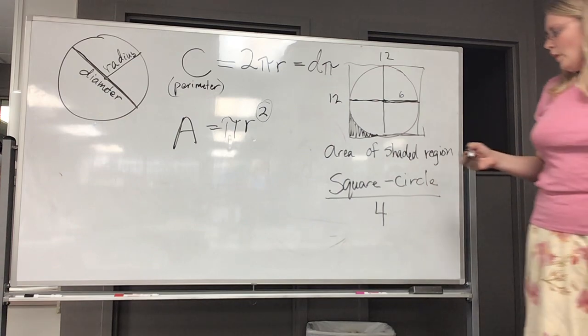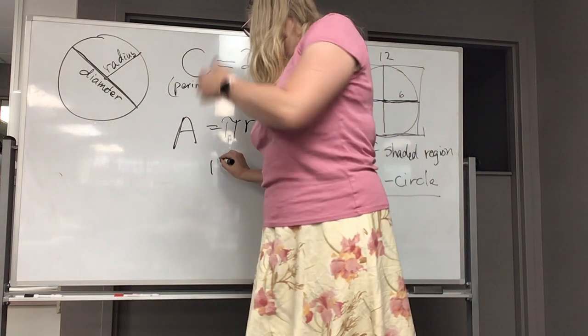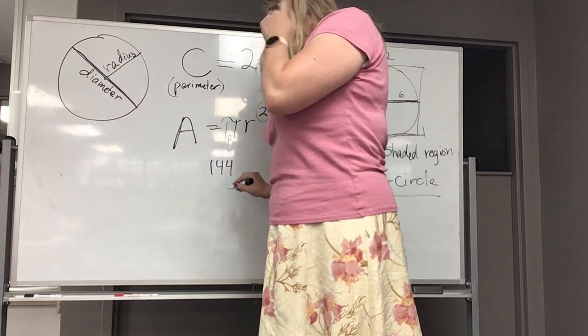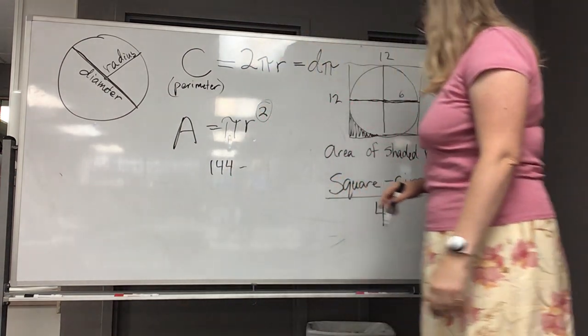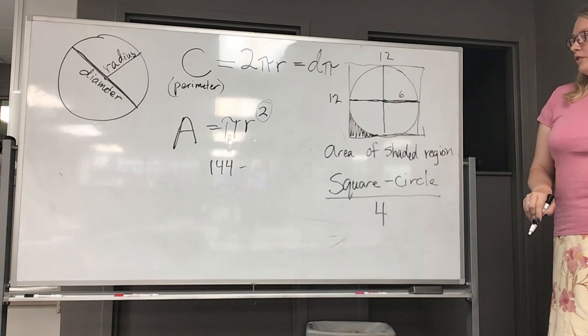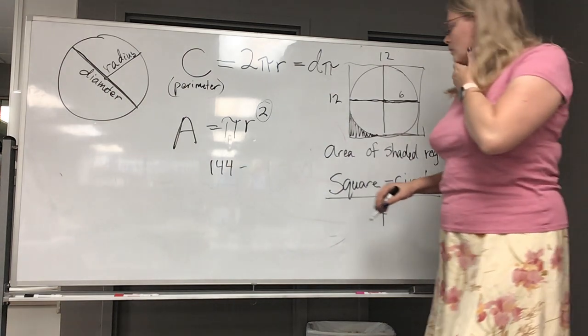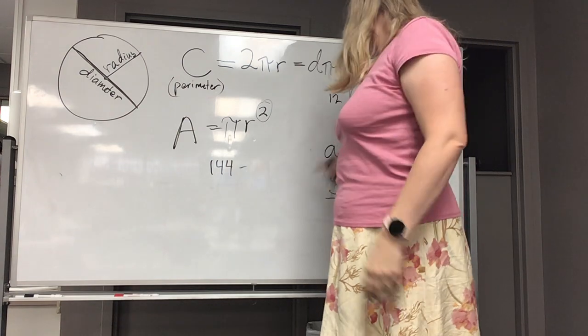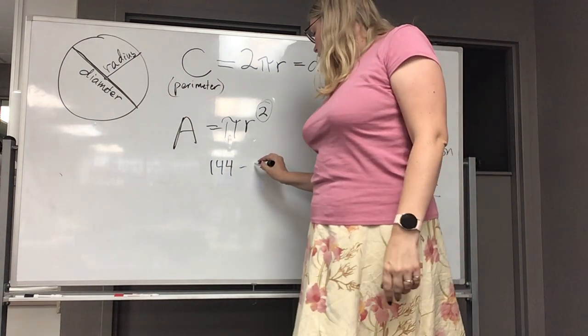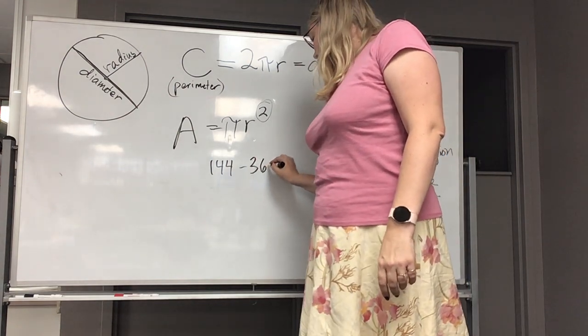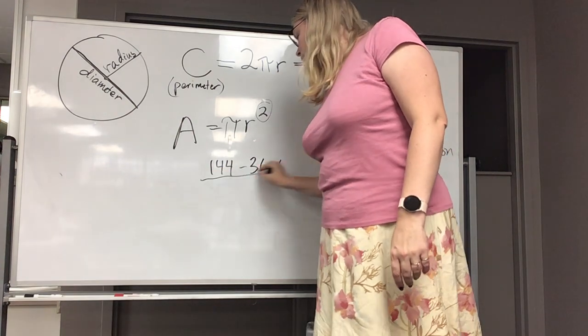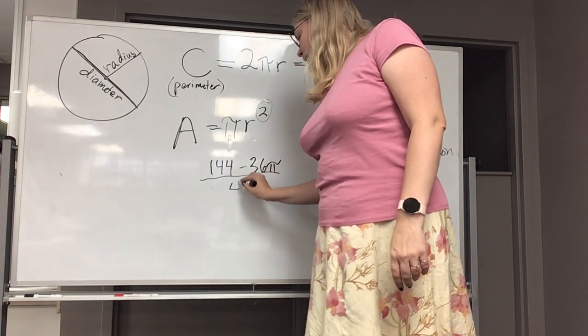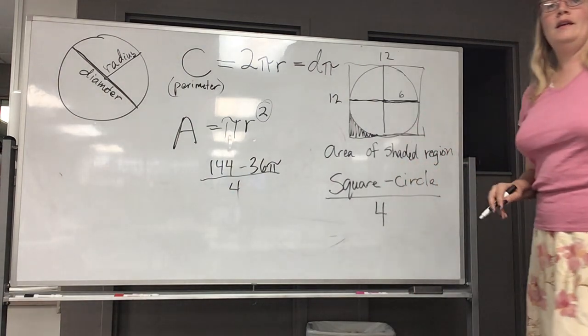So we already found the square, being 144, and then we subtract out our circle, and again, area is pi r squared, radius was 6, so 6 squared is 36 pi, and then divided by 4.